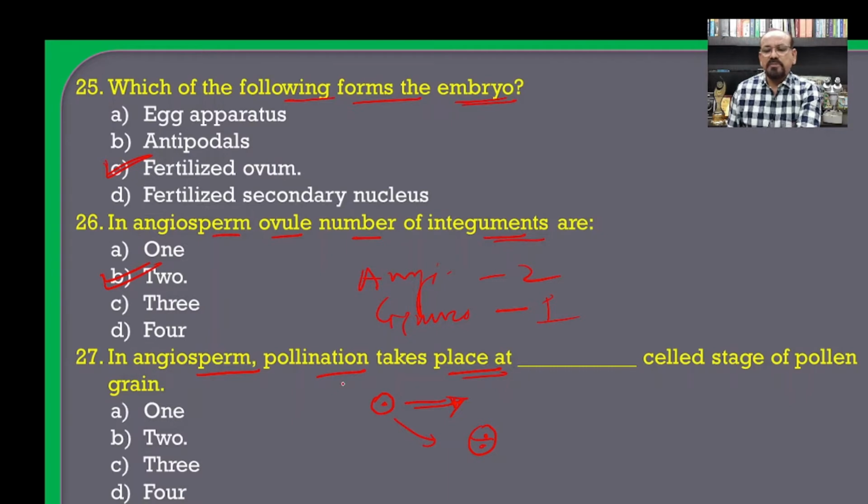And in angiosperms, there is a two-celled stage condition when pollination takes place, while in the gymnosperms it is the two-celled stage in Cycadopsida, three-celled stage in Coniferopsida, and four-celled stage in Gnetopsida.